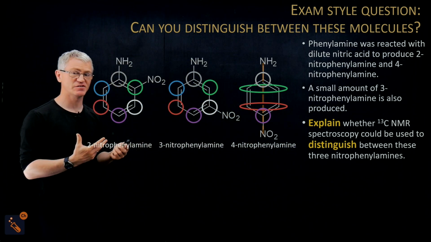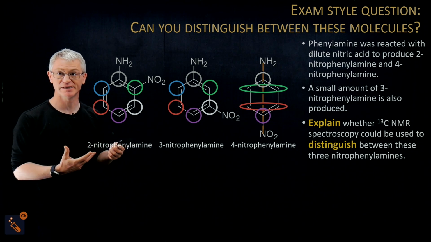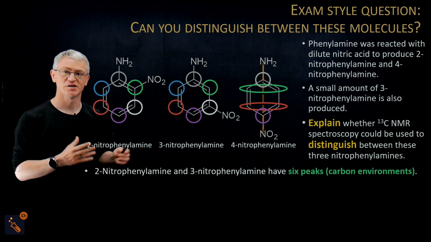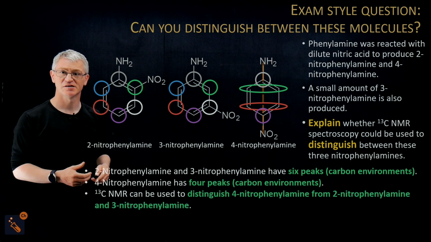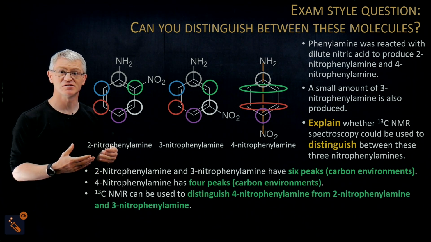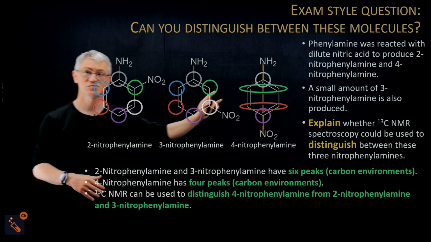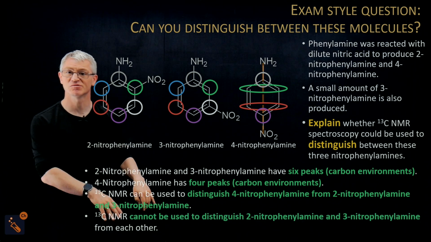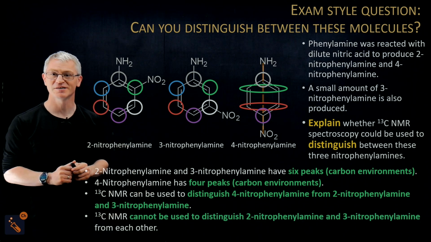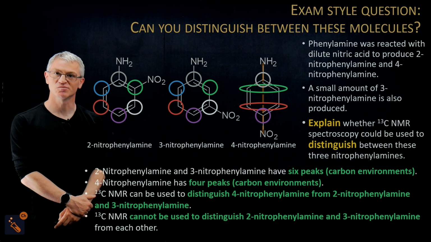Being able to differentiate carbon environments when it comes to benzene is a really important thing. So 2 and 3 have 6 peaks, and 4 has 4 peaks. Carbon NMR can be used to distinguish 4 from 2 and 3, but it can't distinguish between 2 and 3. And there's another distinguishing question which you need to get used to.